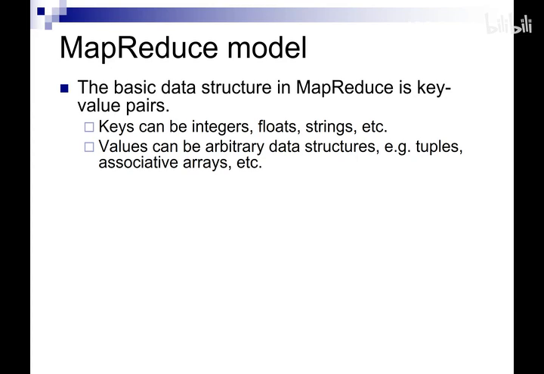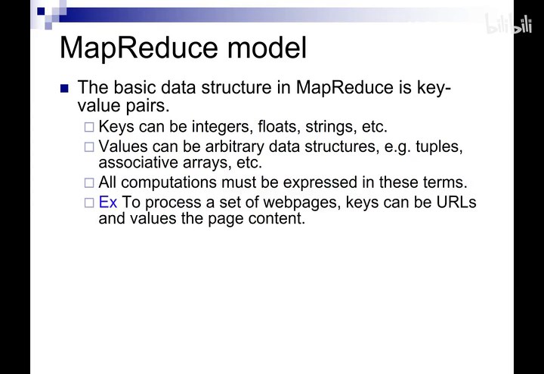Those can all be values associated with that key. So we can have arbitrary data structures as the values. All of the computation in MapReduce is based on these key-value pairs, as we'll see. Even if we start with data which is not expressed in terms of key-value pairs, we're going to convert that data into key-value pairs so that we can process it if we want to use MapReduce.